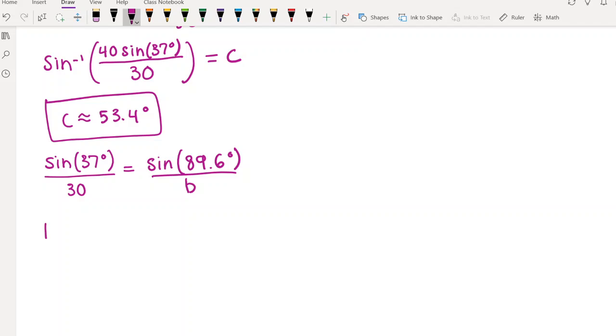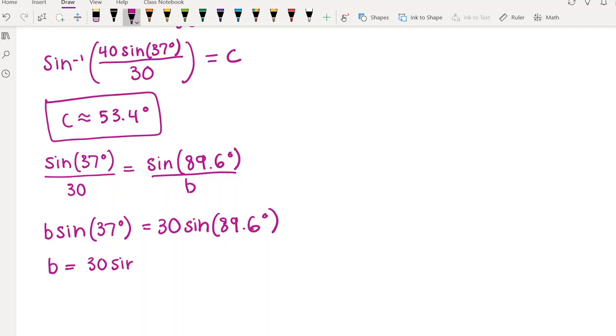And so now we can cross multiply and we get B times sine of 37 degrees is equal to 30 times sine of 89.6 degrees. And so B is going to be equal to 30 times sine of 89.6 degrees divided by sine of 37.